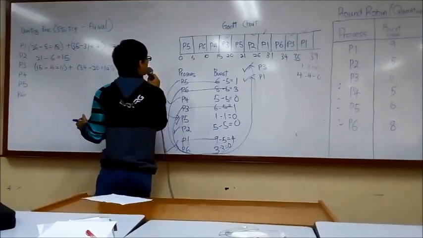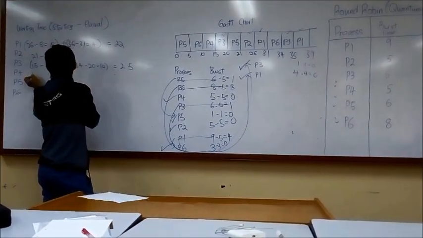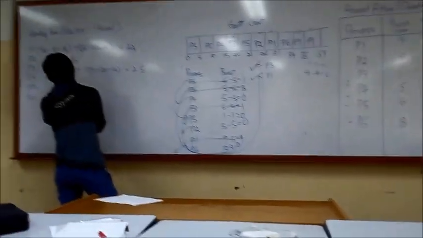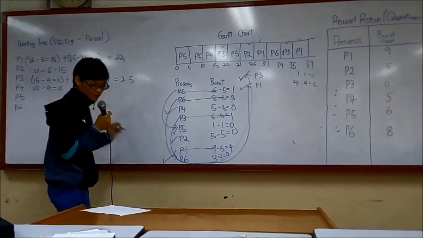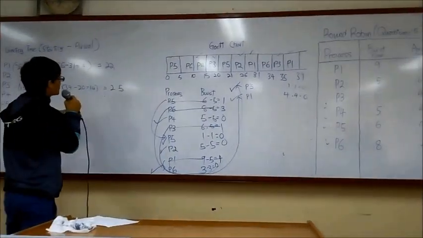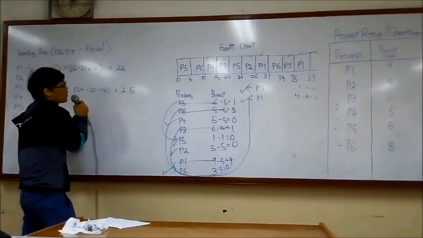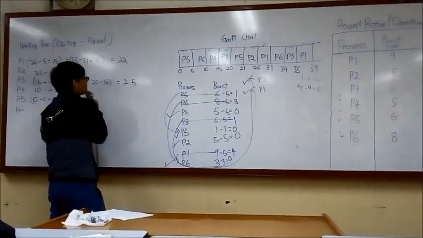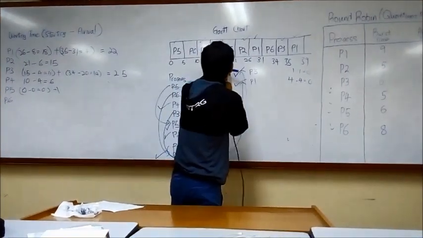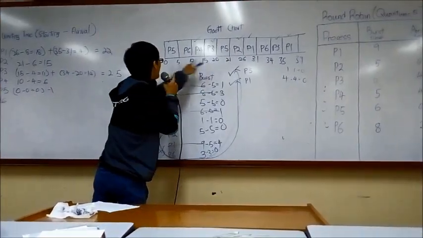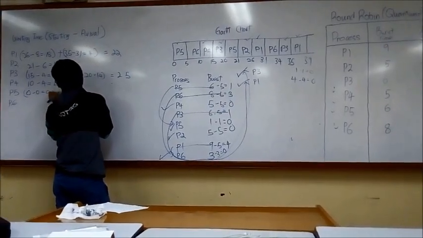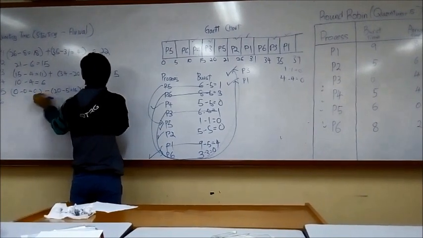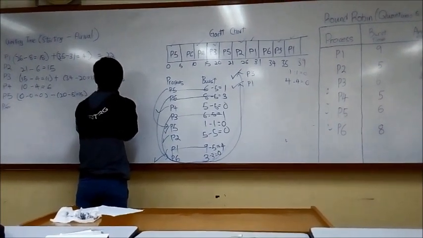Now we proceed to P4. The starting time is 10 minus the arrival time, which is 4, equal to 6. And we proceed to P5: 0 minus the arrival time equals 0, plus the other P5 part, 20 minus 5, equal to 15, and 0 plus 15 is 15.